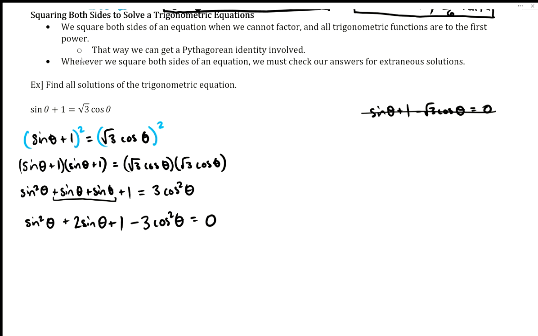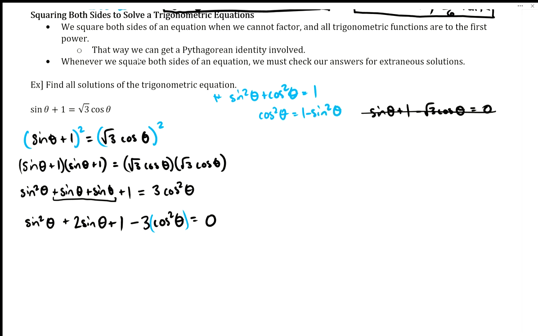But looking at this, I've got a sine squared and a sine, so that means this cosine squared of theta should change to match the sines. Well, that's where we would use a Pythagorean identity again. Remember, our original is sine squared of theta plus cosine squared of theta equals 1. If we subtract sine squared over, we would have cosine squared of theta is 1 minus sine squared of theta.